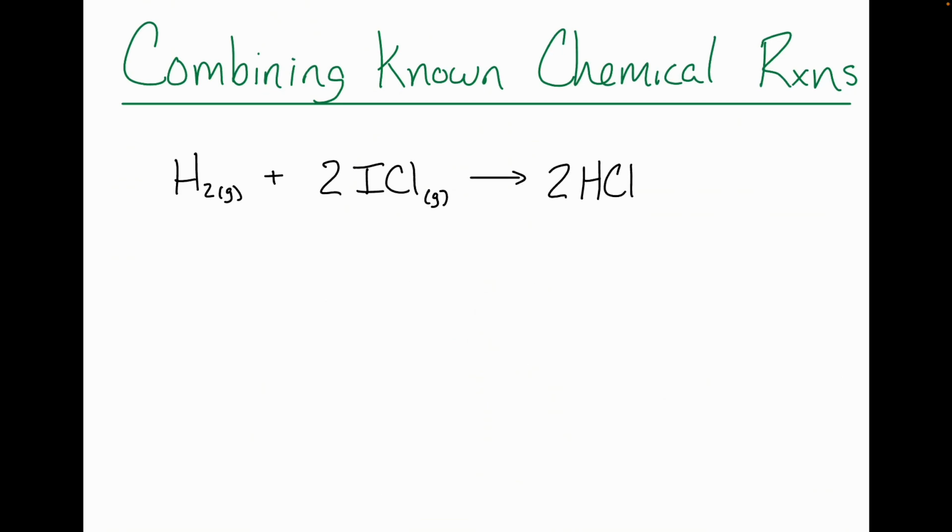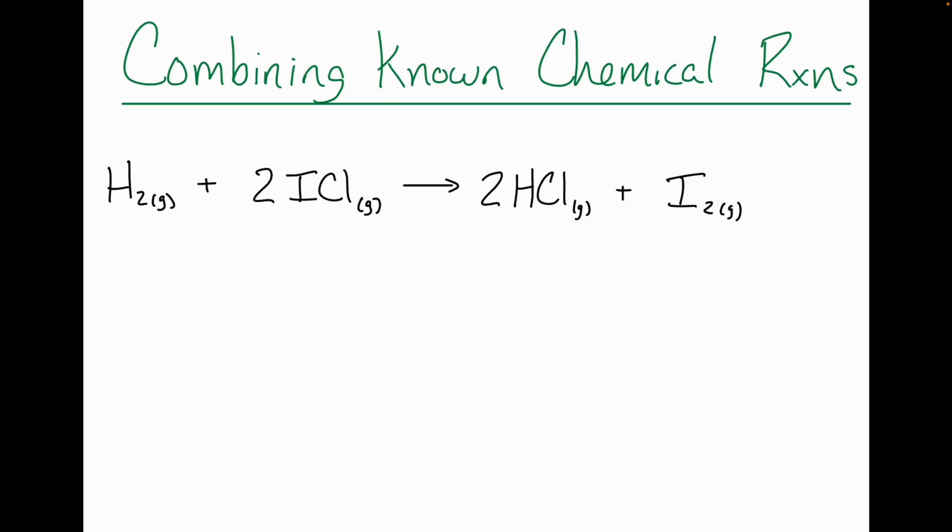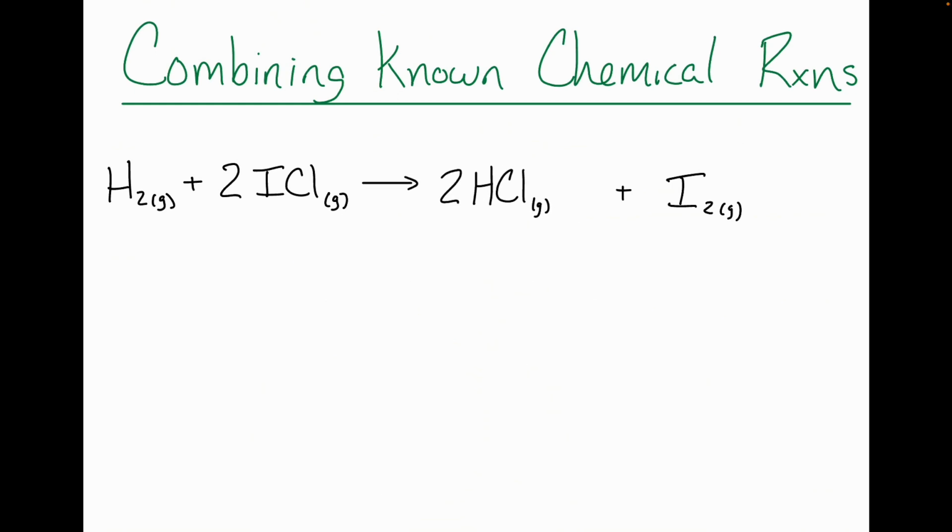We have our hydrogen gas combining with two ICl's, two iodine monochlorides, to produce two HCl's and an iodine. So here's this reaction that we're studying, and we do not know the delta H of this reaction. That's what we're trying to figure out here.